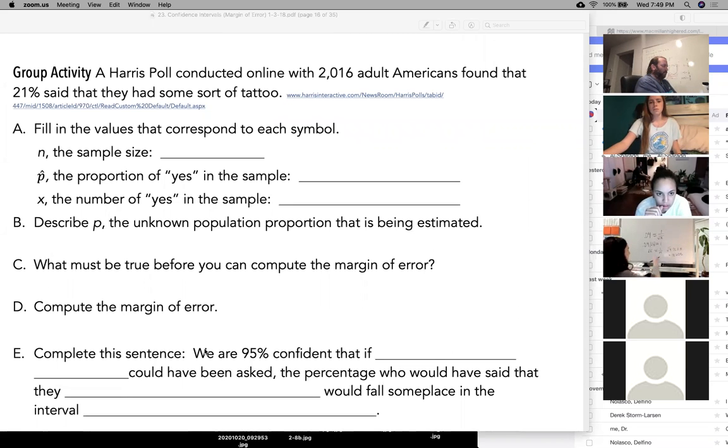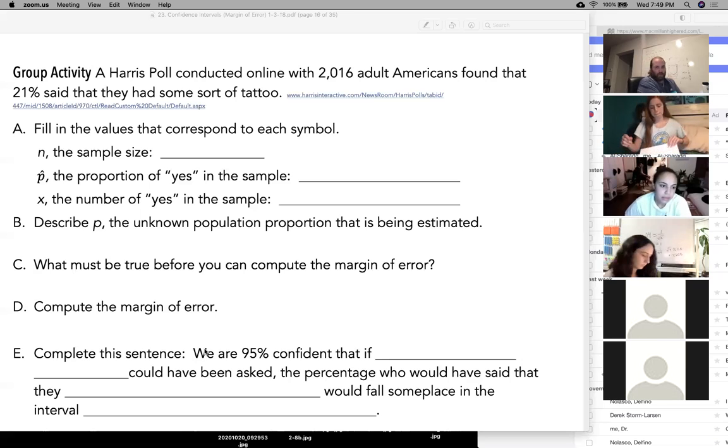A Harris poll conducted online with 2016 adult Americans found that 21% said that they had some sort of tattoo. So let's fill in the values here. What's N? What is our sample size here? 2016.